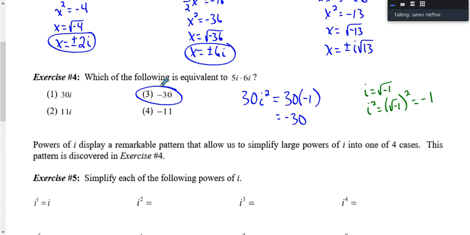And that's kind of what you hope when you're actually working on a real life problem. If you end up with i's somewhere in your solution, you're hoping that you end up having to square it at some point. And then you get a nice real number. Okay? Now, exercise 5, I'm not going to go through all of these.